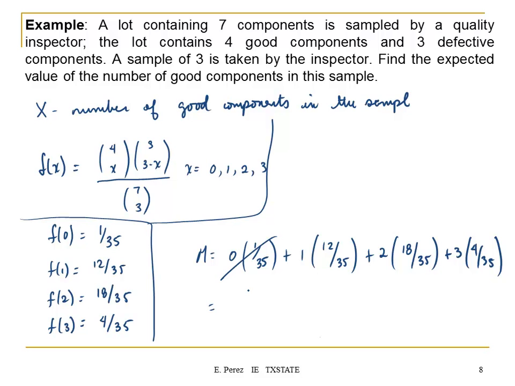So this is 0, and you will get 12 over 7, which is 1.7. So this is the expected value for that random variable.